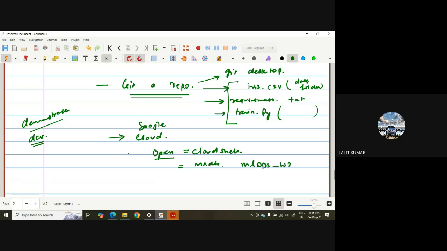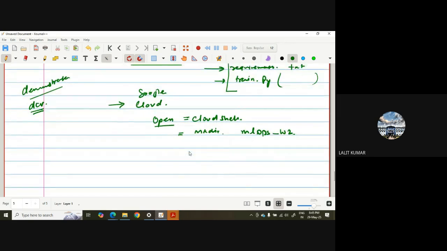Now in this MLOps week 2, you use git clone and the URL of your repo. Is everybody aware of this? Or shall I explain this? Surupi, can you do this? This is like opening the terminal in GCP, right? Yes.